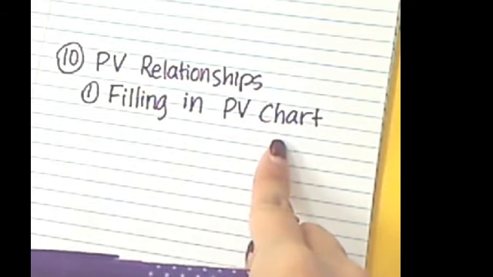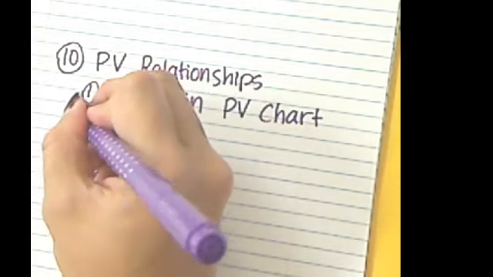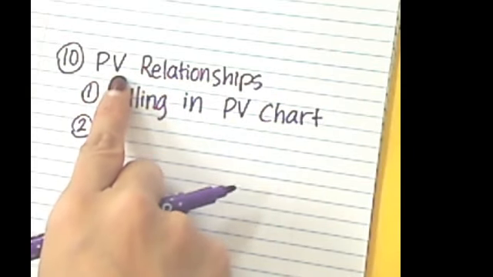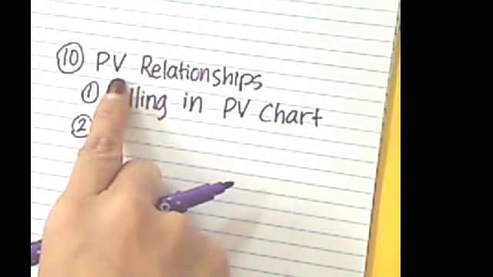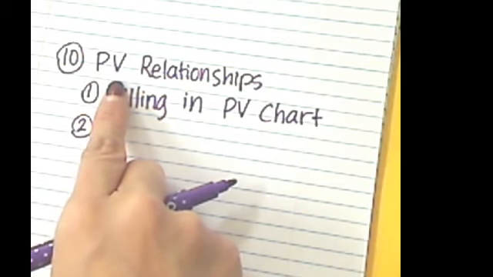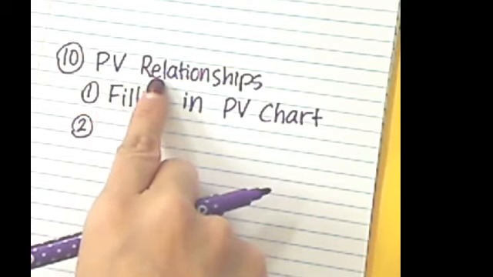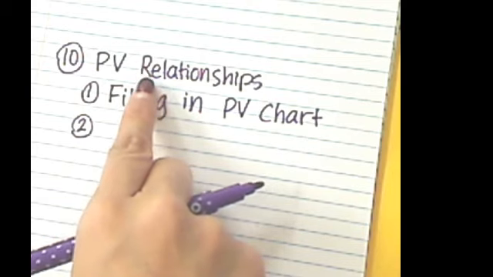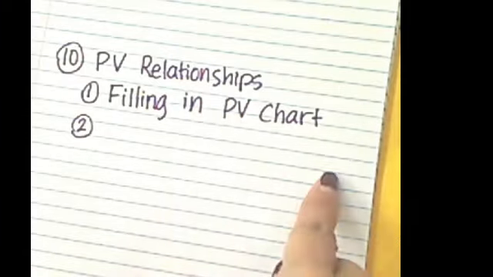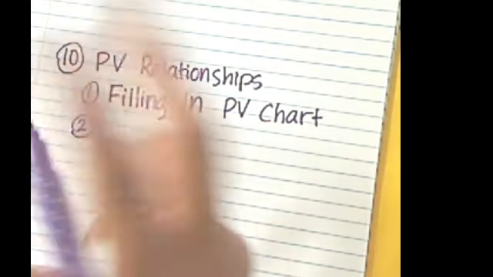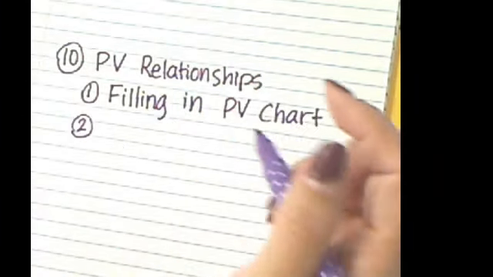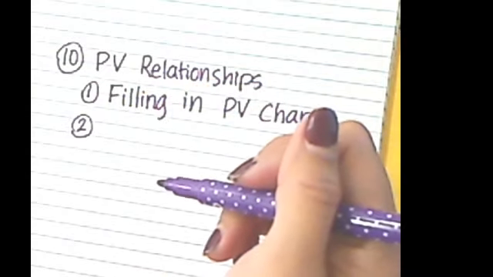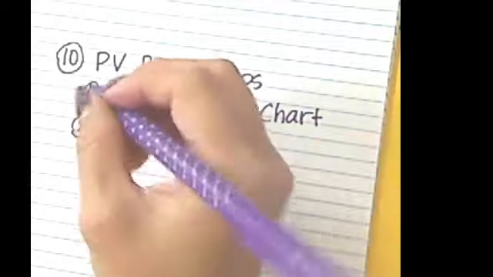The problem with place value relationships is it's always going to tell you to focus on a specific digit, whether it's 4 or 9. It's going to appear once in one number and again in another number. So you've got to find out where is that digit in the place value chart.